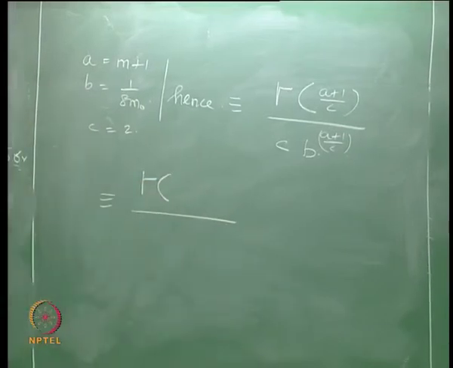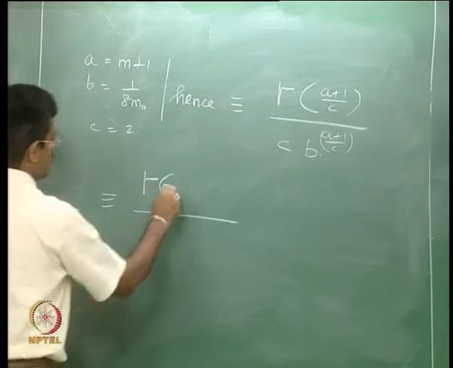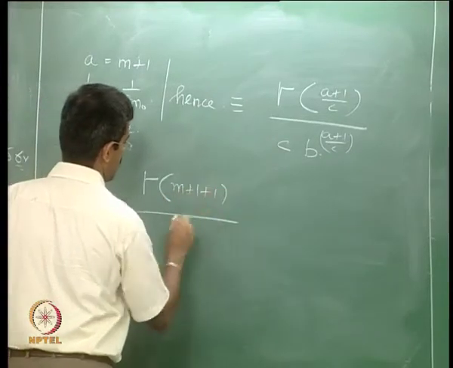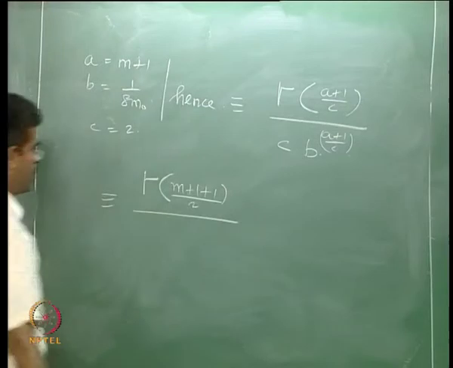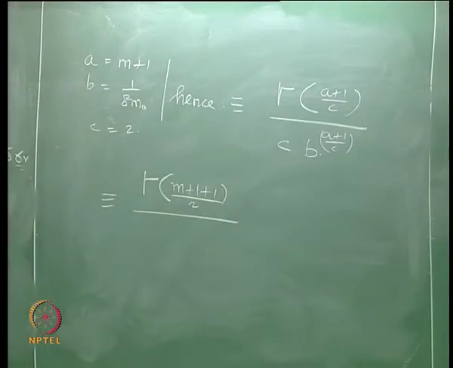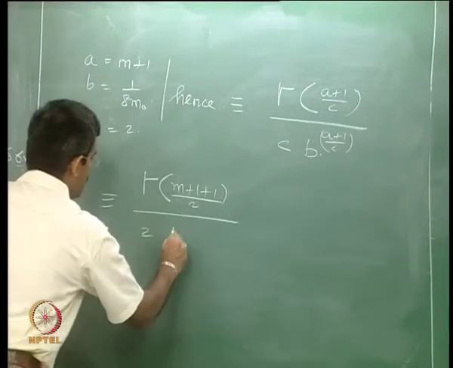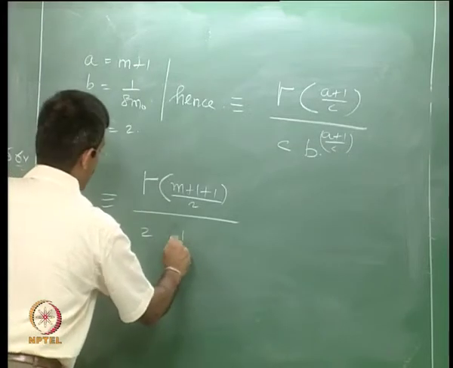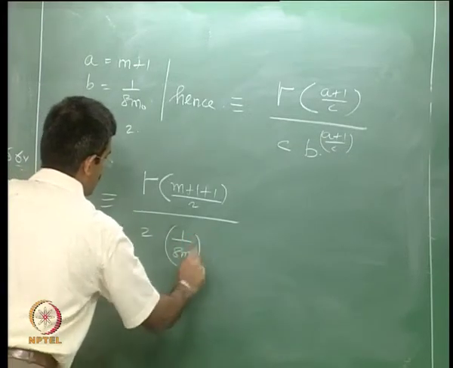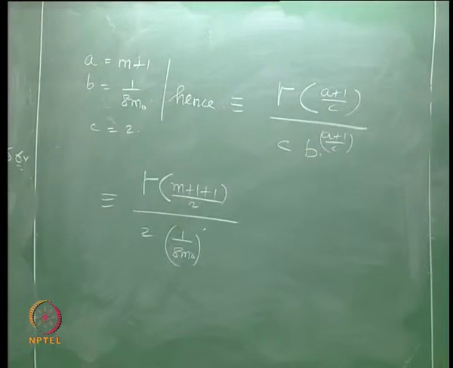gamma function of a is m plus 1, plus 1, by c is 2, b is 1 by 8 m naught raised to the power of m plus 2 by 2.